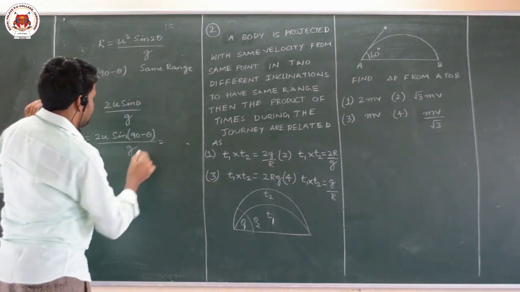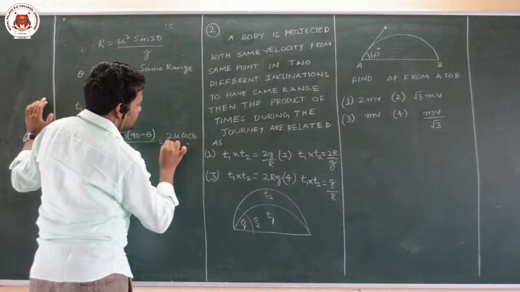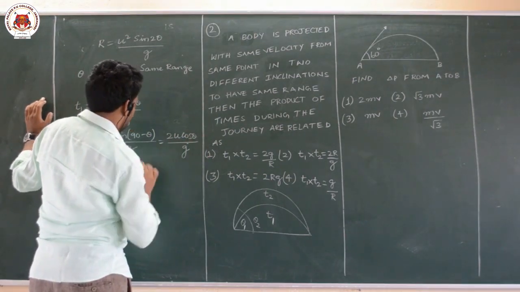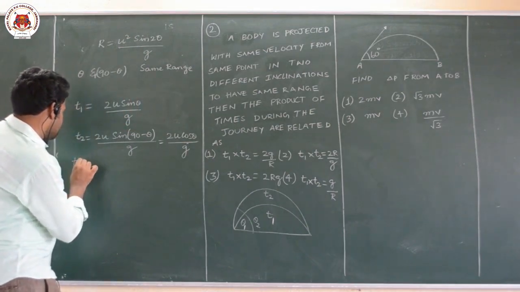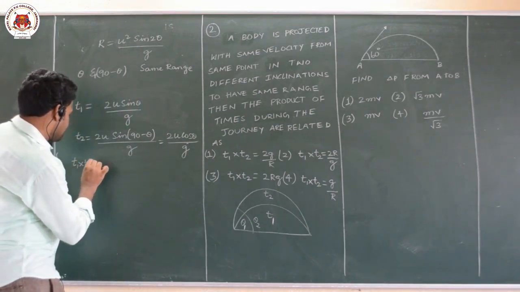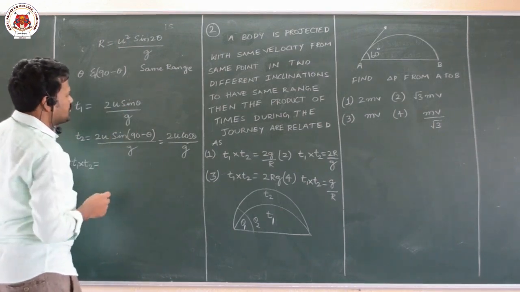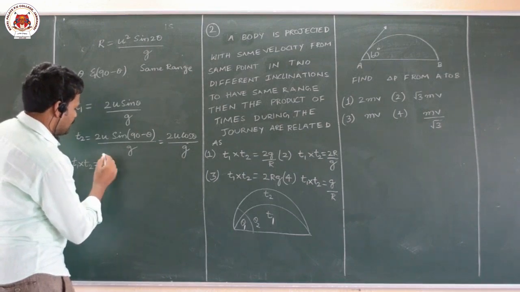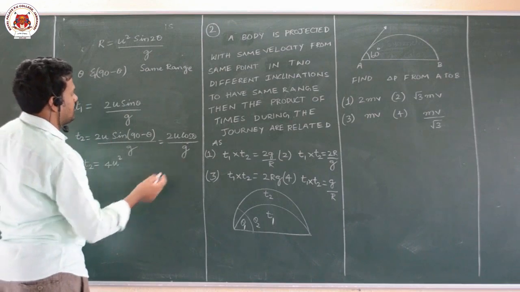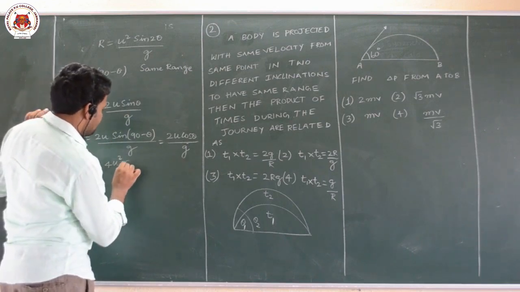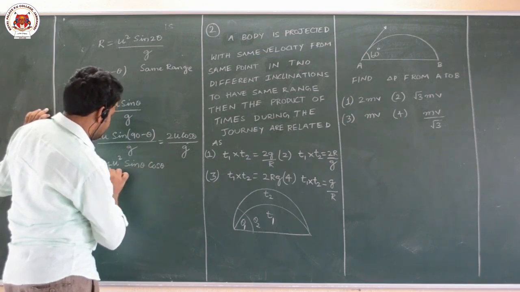This is equal to 2u cos theta by g. Next, do the product of these two equations, then let us see what you are going to get. 2u sin theta multiplied by 2u cos theta, that is 4u square sin theta cos theta by g square.